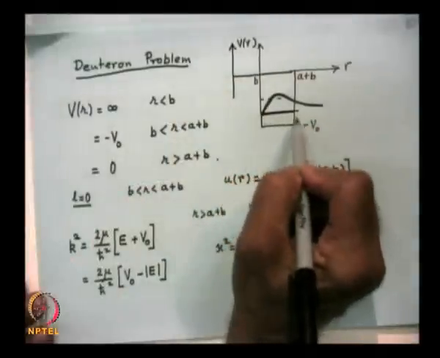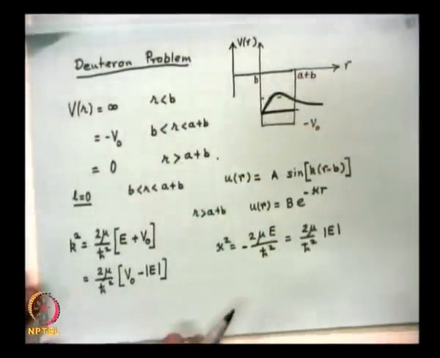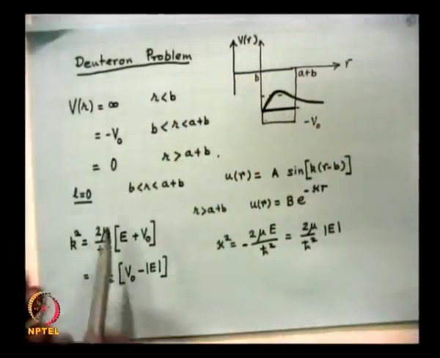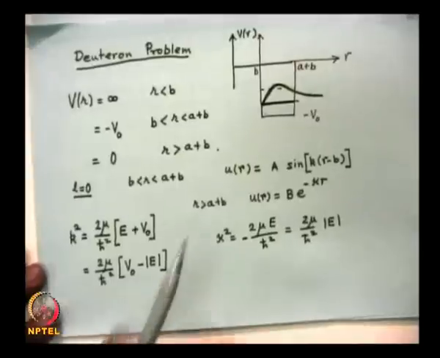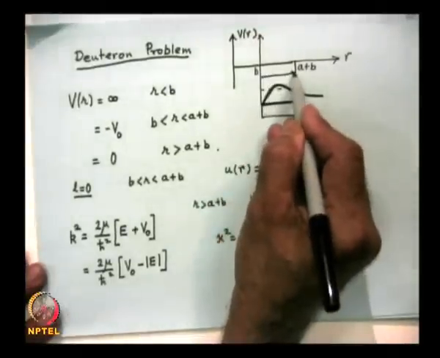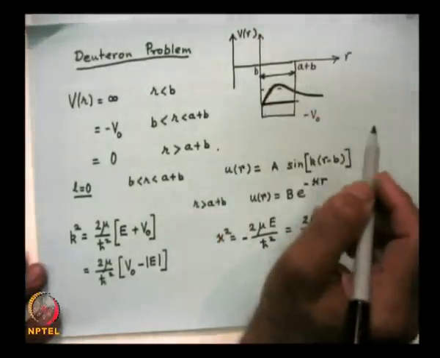We found that if we assume a hardcore potential energy distribution like this, with V0 about 40 MeV and the range of the nuclear force about 2 Fermi, then one gets a binding energy of the order of the value observed by experiment. So, we have solved the deuteron problem also.